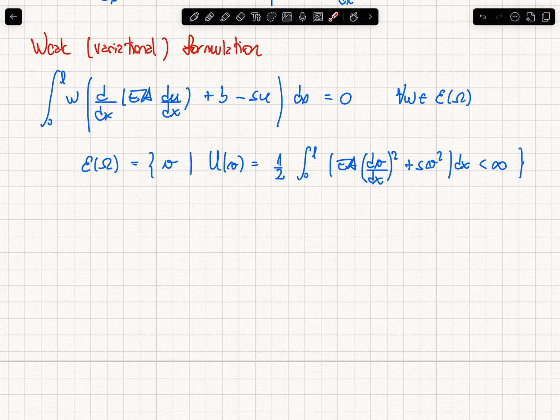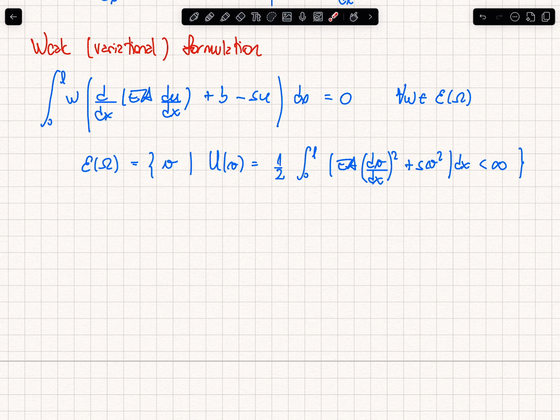Okay? And the whole idea is that strain energy has to remain finite. That's it. We're going to use functions so that in a way our strain energy doesn't blow up. Because obviously there is no reason to have strain energy that is infinite, right?